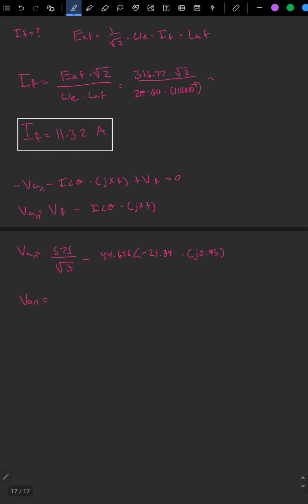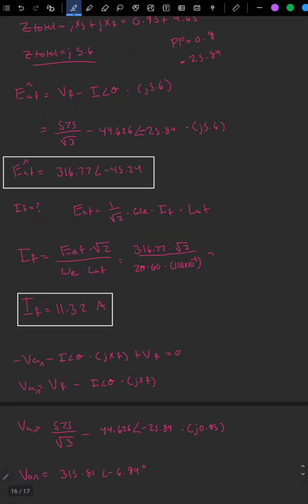Your VAN, because we're using our phasor voltage, is going to be 315.81 phase of negative 6.94 degrees.